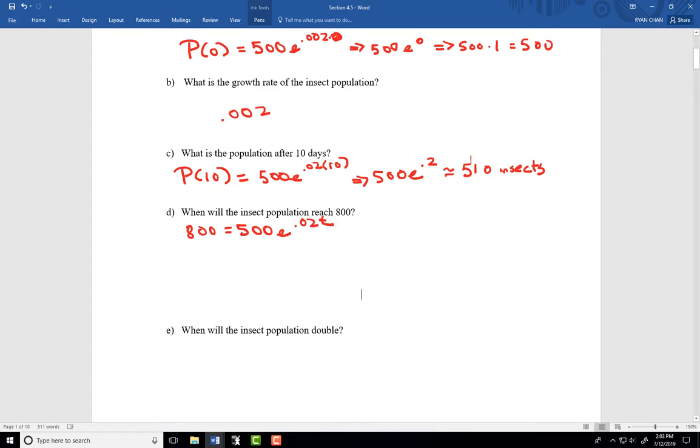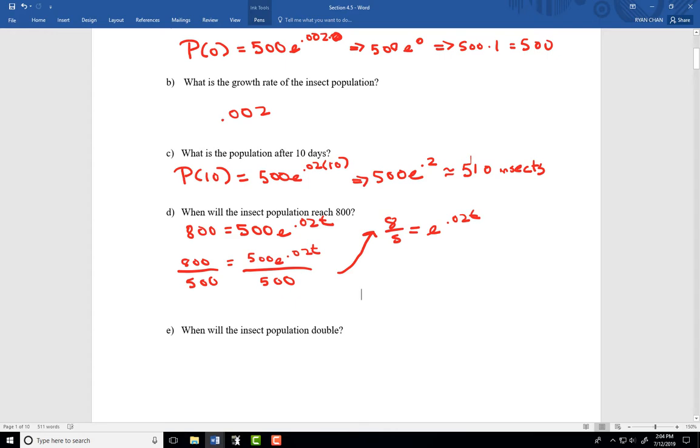Now remember, I could take the natural log or the log, but we can't do that if we have a number out in front. If I have a number in front of my e, or whatever my base is, I have to get rid of it. So I'm going to divide both sides by 500. You can leave it as a fraction, so 8/5 is equal to e to the 0.02t.